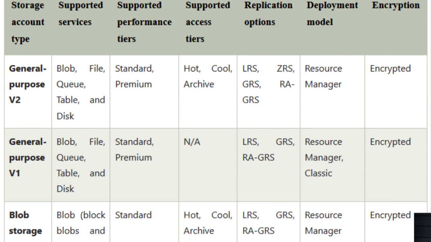So hot storage is costlier than cool storage in terms of storage, but cool storage is more expensive in terms of access. Archive storage is used for archiving documents which are not accessed.